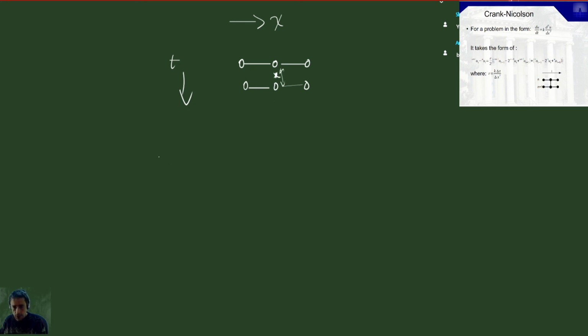My change in u from n plus 1, so my delta over delta time, I want this to be averaged out. The delta t here is constant, so it's going to go anyway into my value of r. So that's why I ended up having r. But because I'm averaging these two, I'm saying it's the average of two time steps.